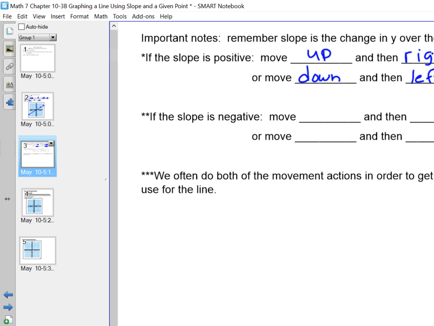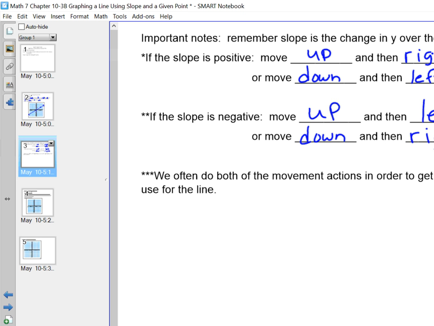So you can kind of guess that if our slope is negative, we're actually going to move up, but we need a negative movement, so we're going to move to our left. Remember, I want a line that I can slide down. But we can also move down, that's the negative move, so then we want a positive move, so we have to go to our right.